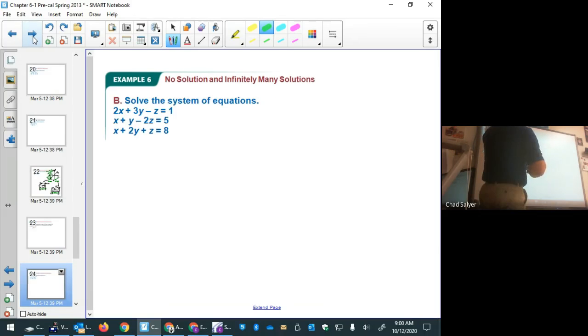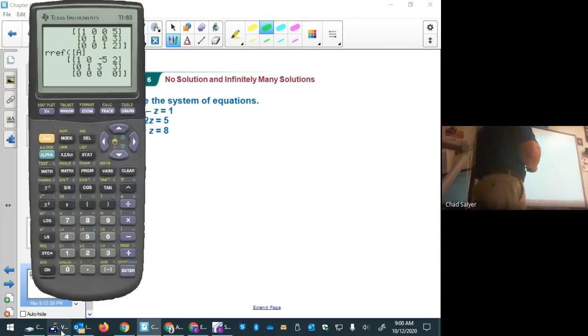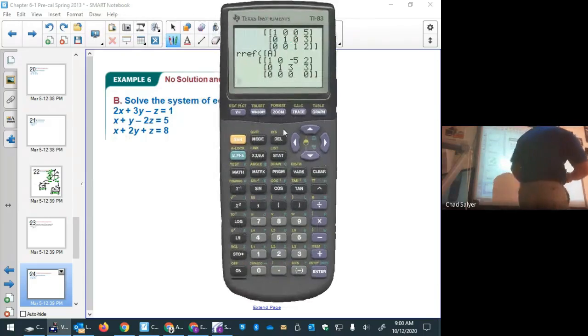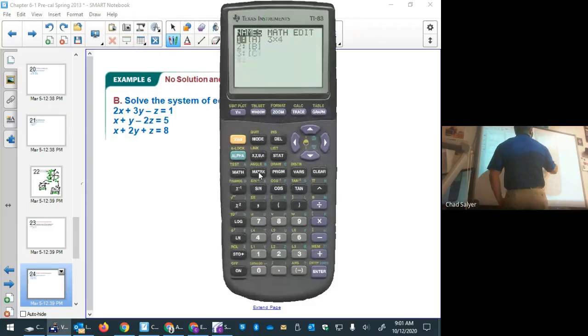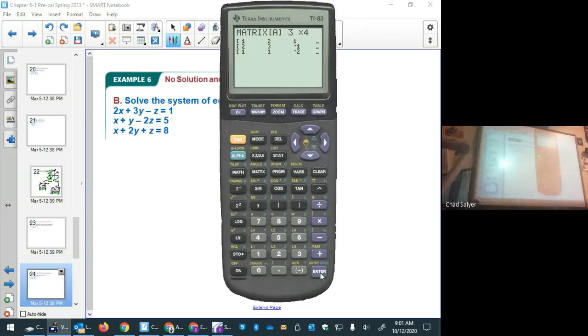All right. So if I plug this one in, which I'll do real quick, I'll do it over here where I can type a little faster. So that's 2, 3, -1, 1, 1, 1, -2, 5, 1, 2, 1, 8.